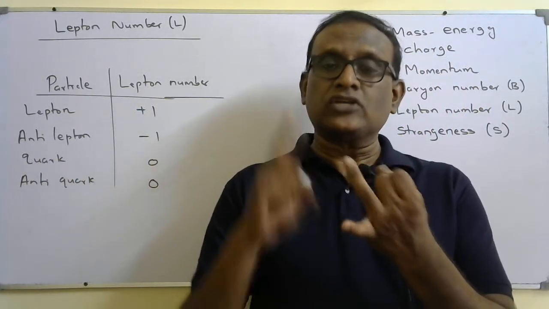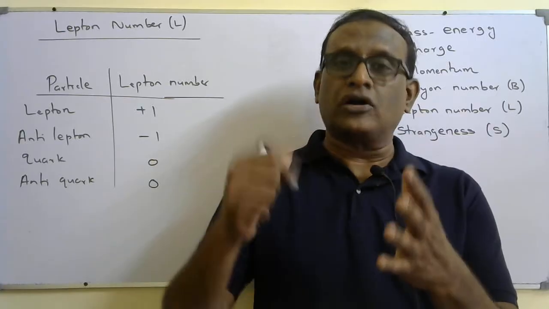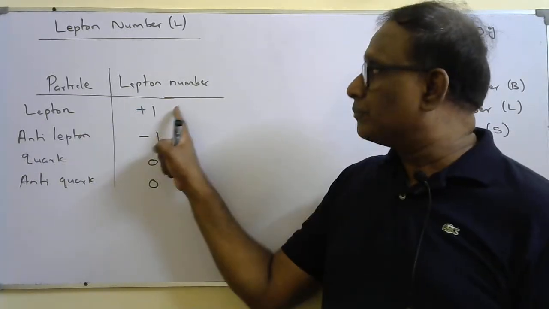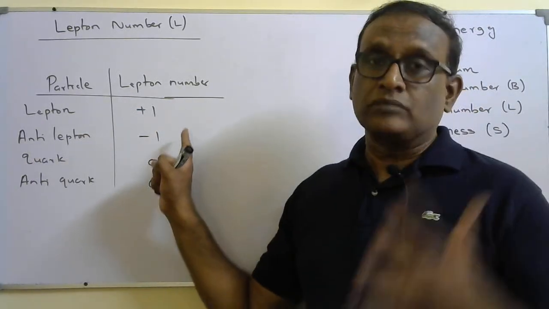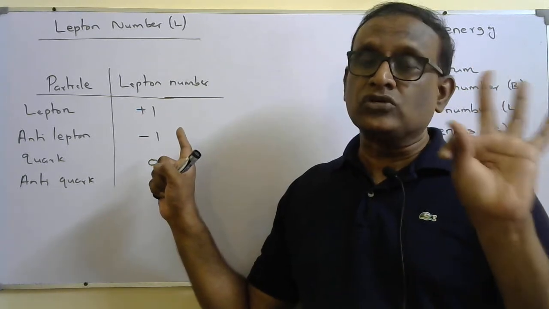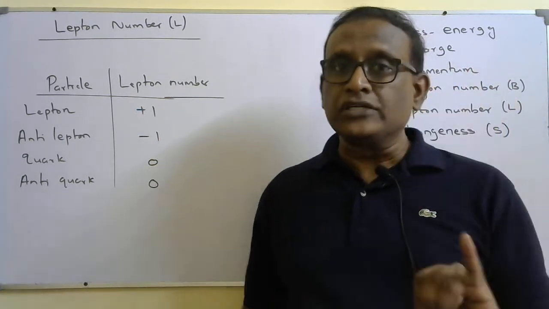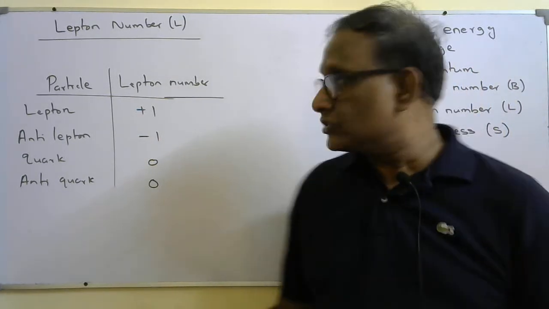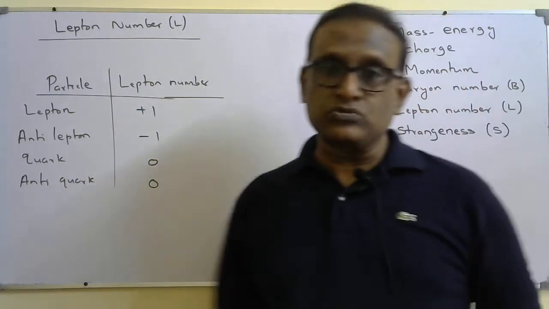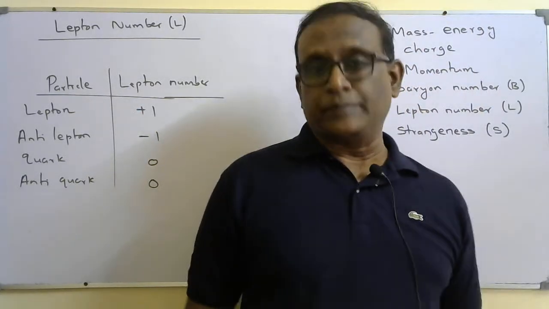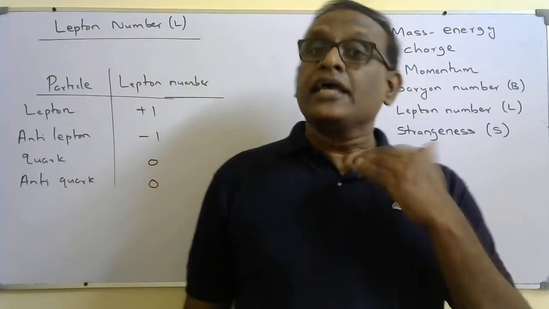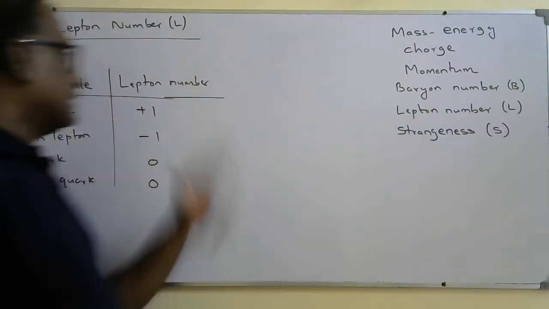Electron, electron neutrino, muon, muon neutrino, tau, tau neutrino. Each of them has plus 1. Any antilepton, positron, anti-electron neutrino, anti-muon, anti-muon neutrino, anti-tau, anti-tau neutrino, each of them has minus 1. Remember this. This won't be given in the exam paper. You must remember these things.